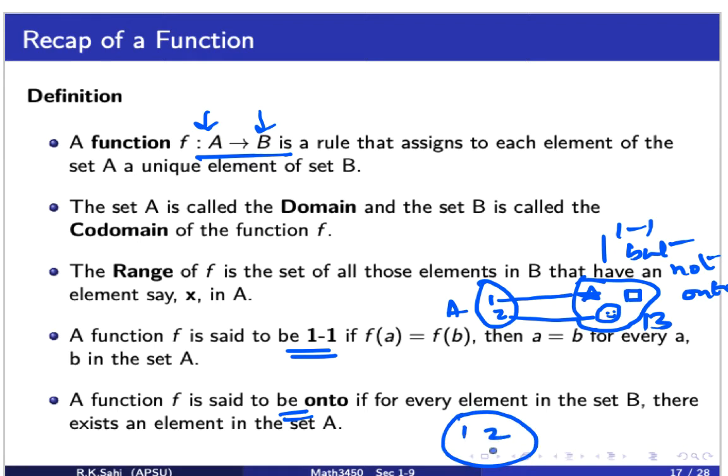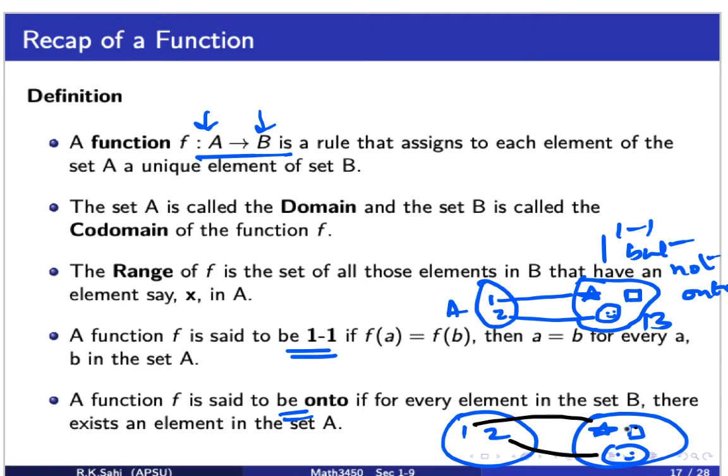We have 1, 2, and if I had these 3 elements, my star, my square, and my little smiley face, it means if it is onto, 1 goes to star, 2 goes to smiley, but this little square also needs to go somewhere.